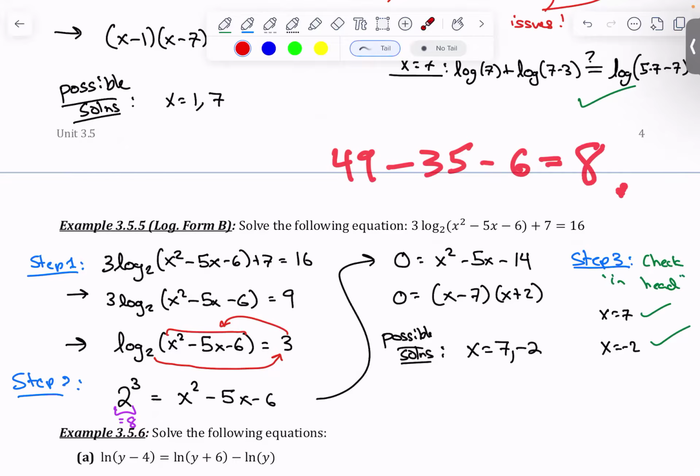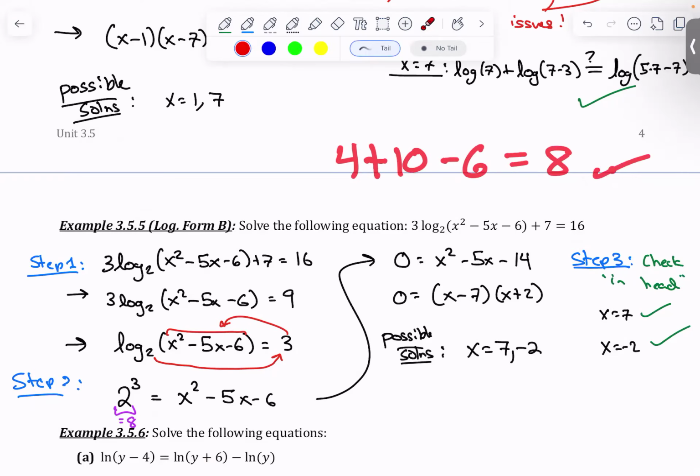Let's see here. Yeah, you get 8. Good, it works. The inside of the logarithm is a positive number. It works out. Excellent. If I plug in negative 2, negative 2 squared is positive 4 minus negative 10, so plus 10 minus 6. That also equals 8.